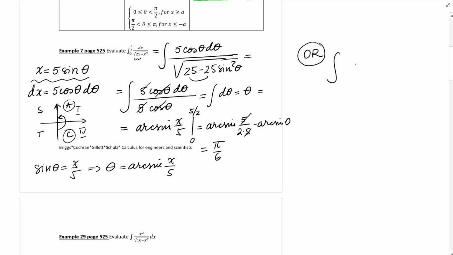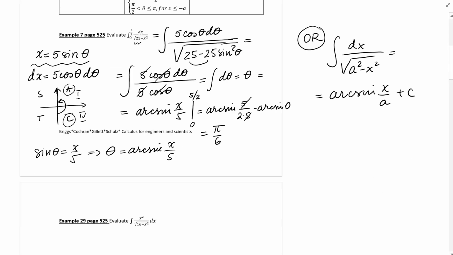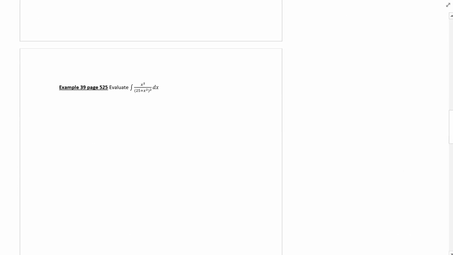We know that the integral of dx over square root of a squared minus x squared is a formula. It's arc sine of x over a plus c. So we could have used that formula. But this is just the beginning of a problem to try to use trigonometric substitutions.